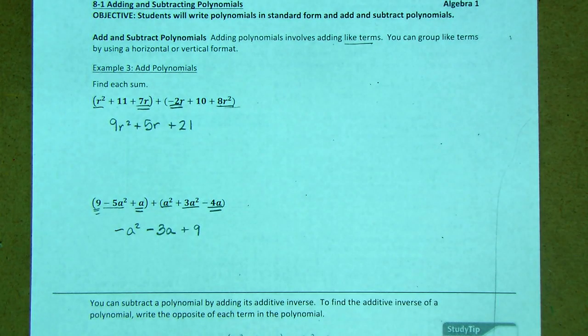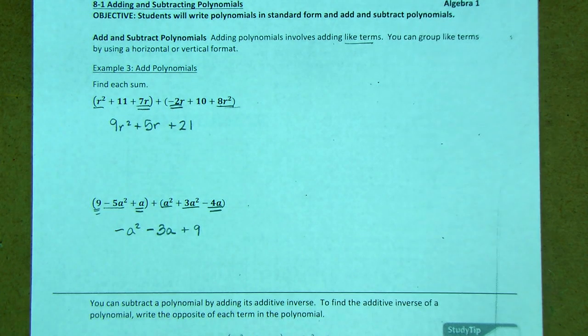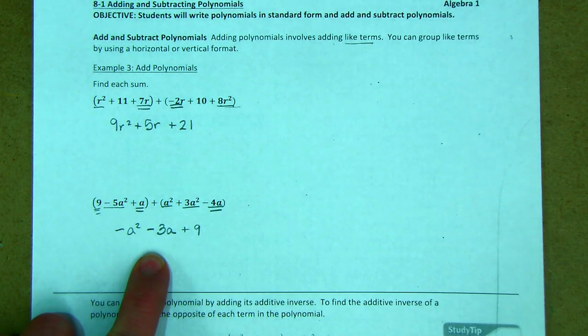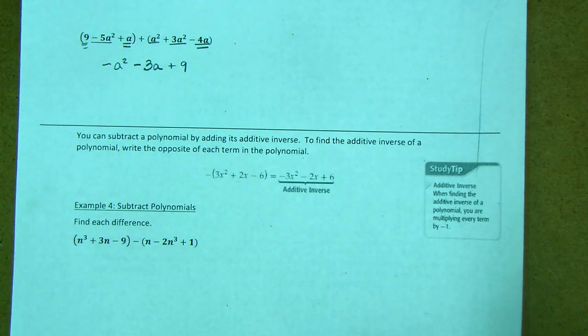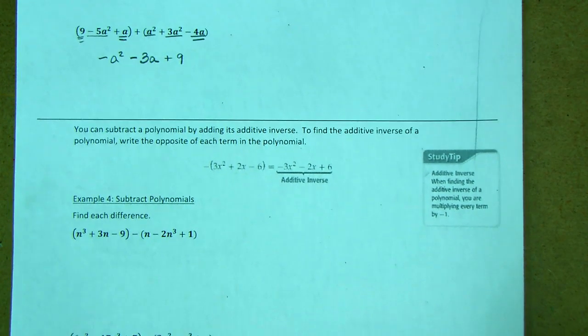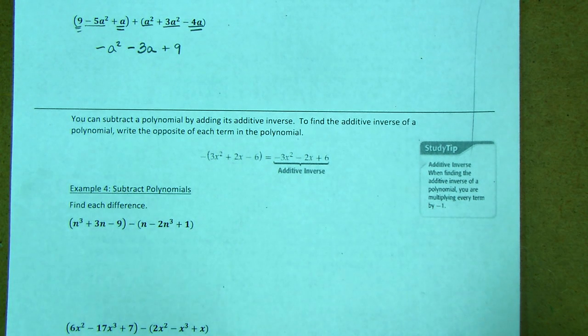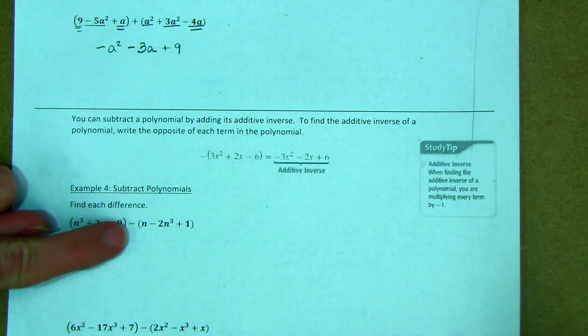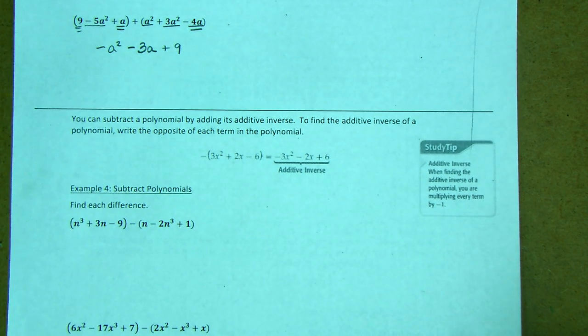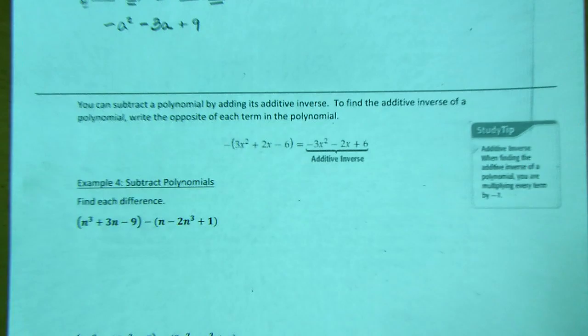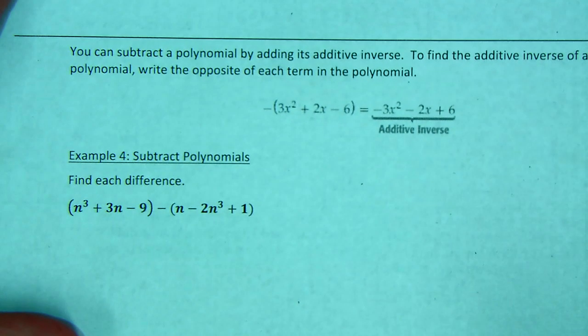And the subtraction is about the same thing, except when we subtract, we add the opposite. So before we do anything, I'm going to make this an addition instead of a subtraction. What I mean by that is I'm going to add the opposite. So I'm going to change that to a plus, and then I'm going to change all of these terms that are being subtracted to the opposite.